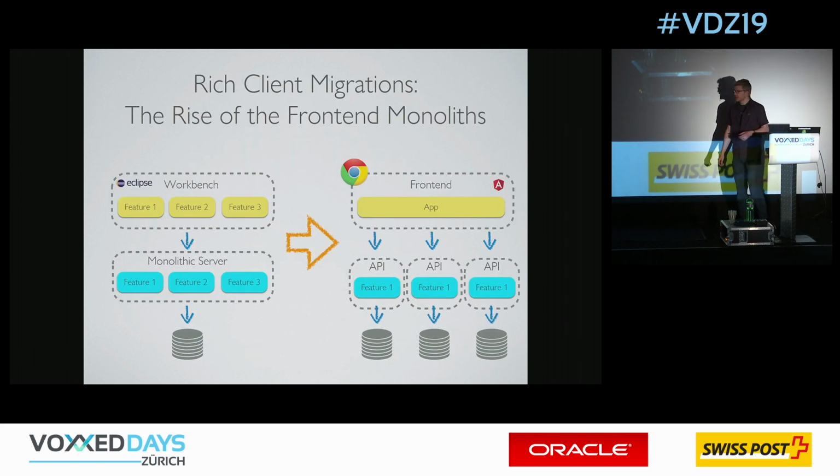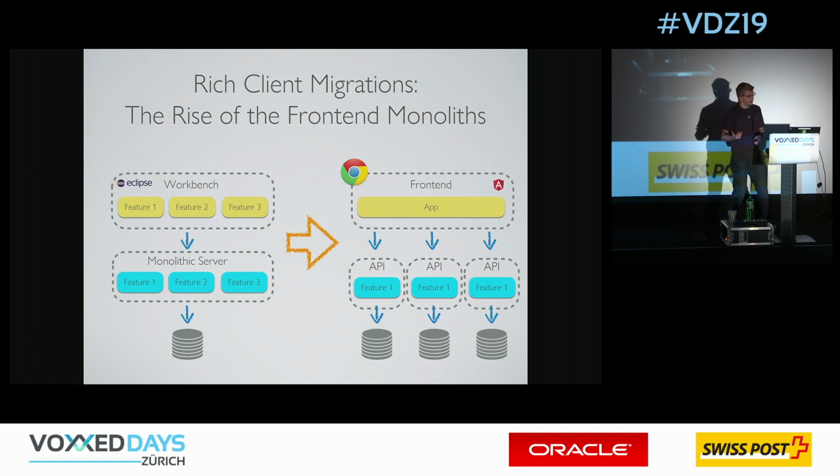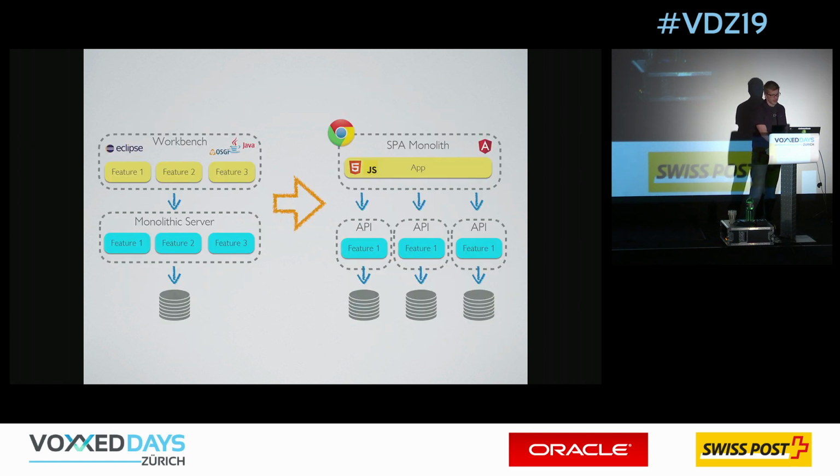Now what we see today is a lot of migrations from these rich client platforms, where the future is very uncertain. Nobody knows where that is going, and everybody knows that the web is here to stay, and the web has a lot of advantages. So we are migrating a lot of rich client applications into the front end, into the web. What we usually get from these migration projects is that we now know how to do microservices in the backend, or how to modularize the backend.